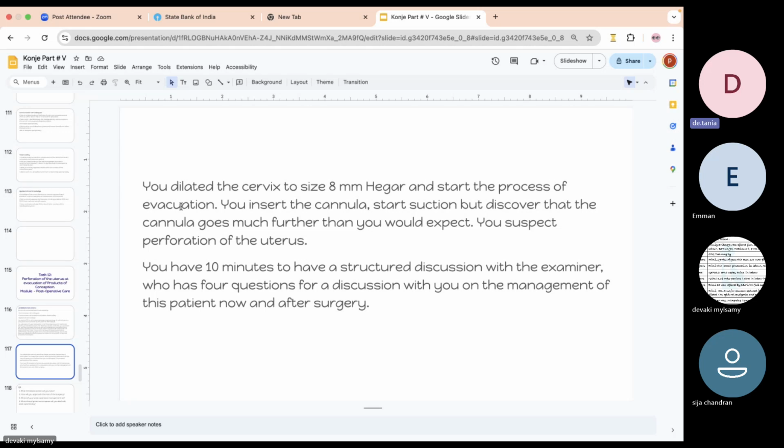We also need to explain after debriefing that perforation of the uterus will be considered a risk like classical cesarean section. So in a subsequent pregnancy, she should go for elective cesarean section to prevent any complication like rupture of the scar.